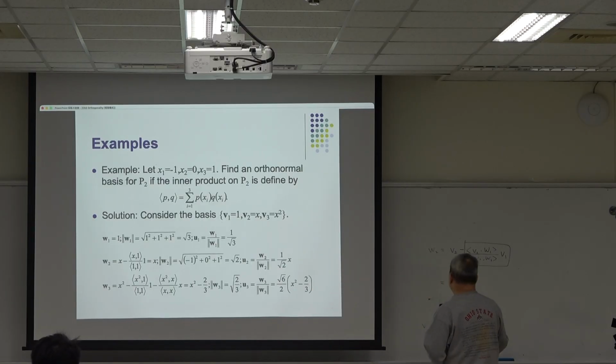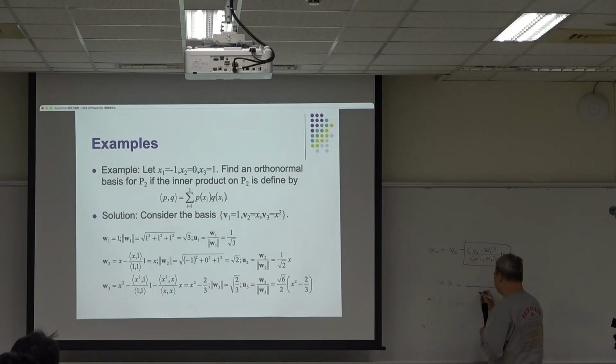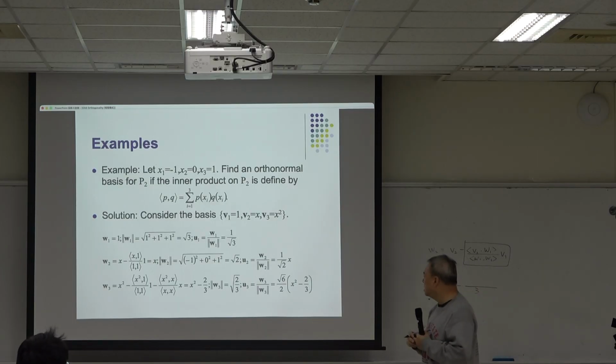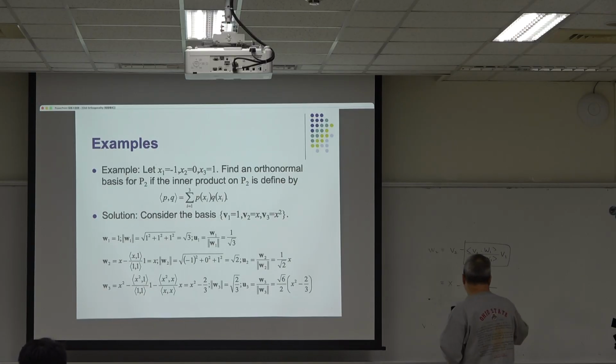So v2 is x, minus, w1 dot w1 is 3, right? And v1 is 1.